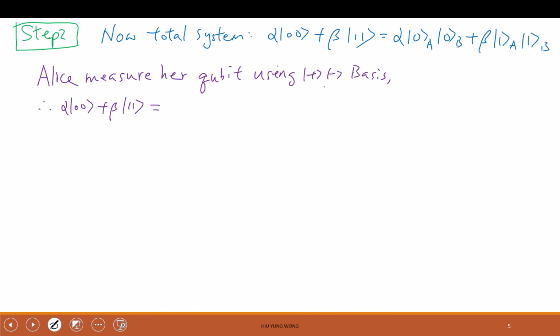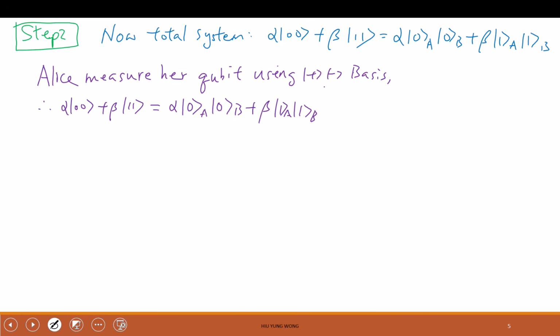So what I'm going to do is substitute this. I think, did I do okay? Yes, that is correct. As I told you, this is alpha 0 Alex, 0 Bob, plus beta 1 Alex, 1 Bob, right?